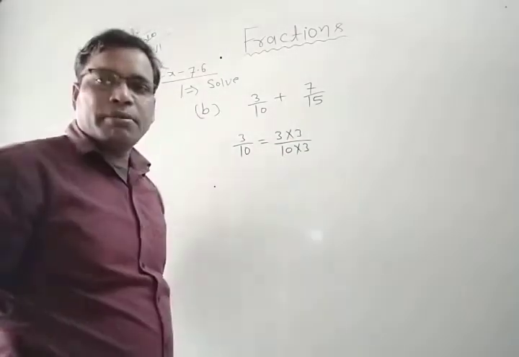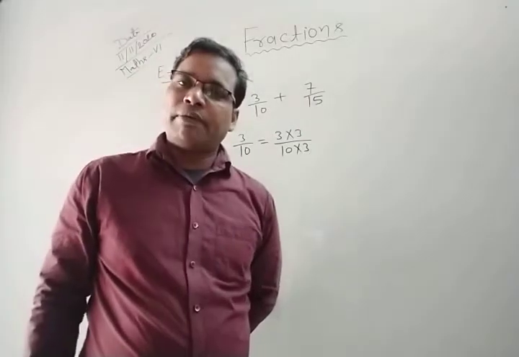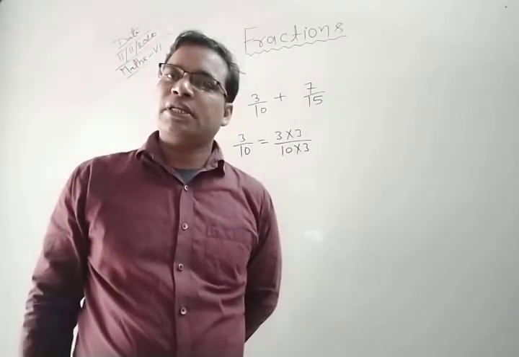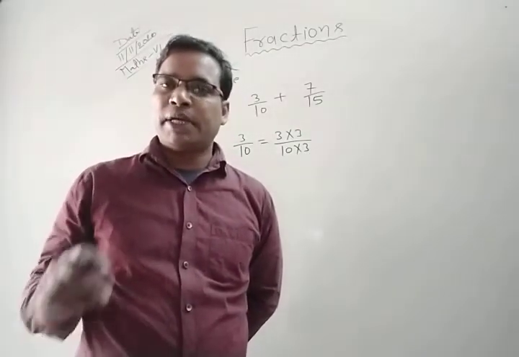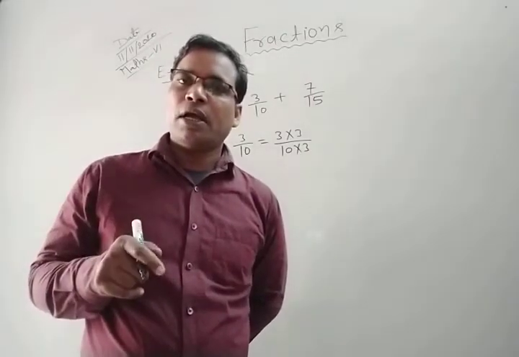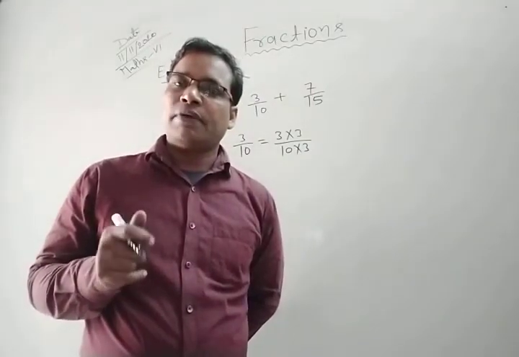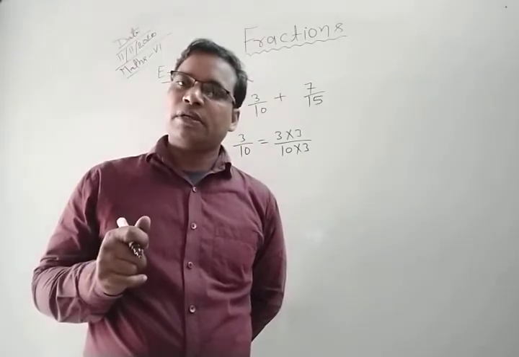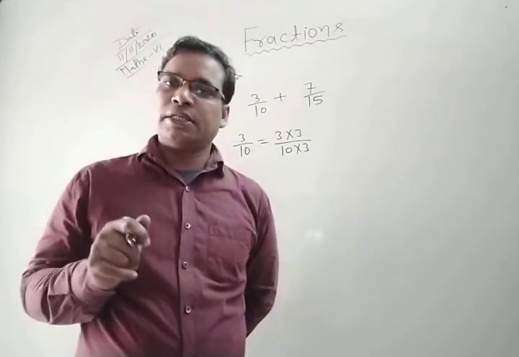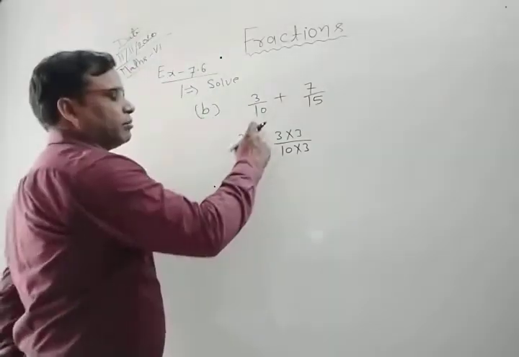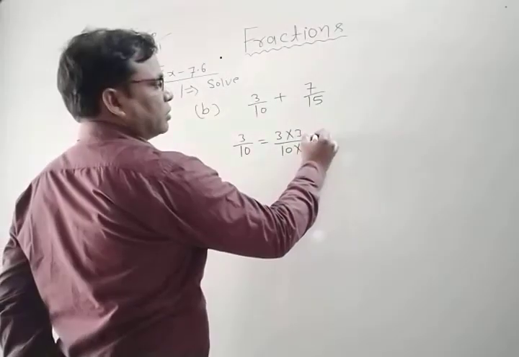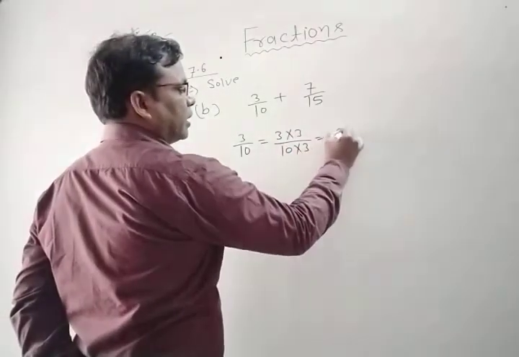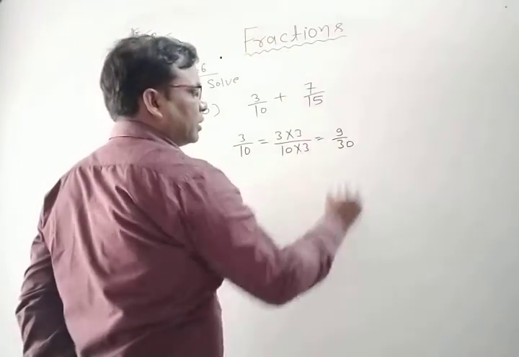If you multiply the same number in the numerator and denominator of a fraction, the value of the fraction is unchanged. So here we multiply by 3, and we obtain 9 by 30.